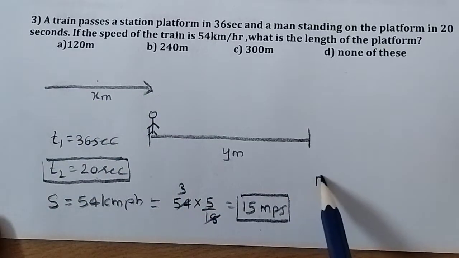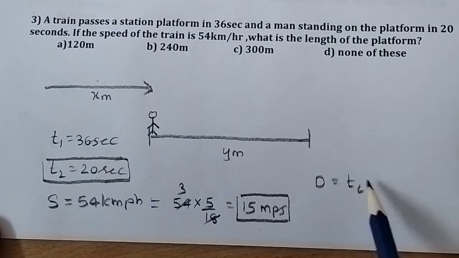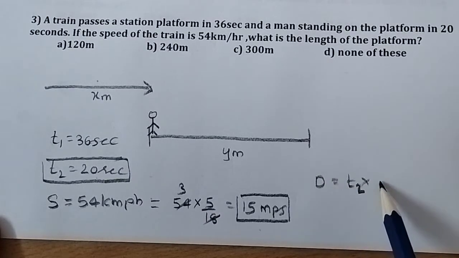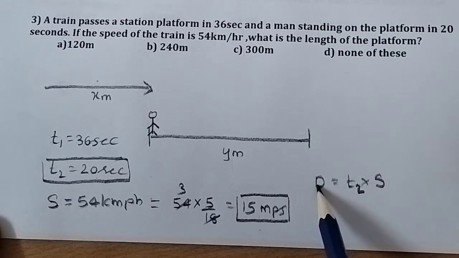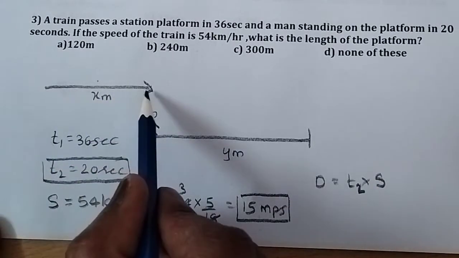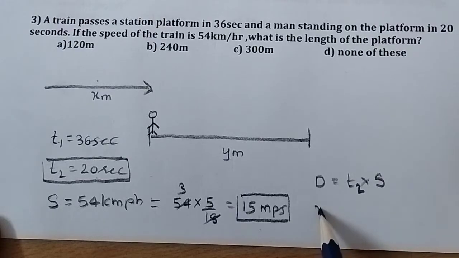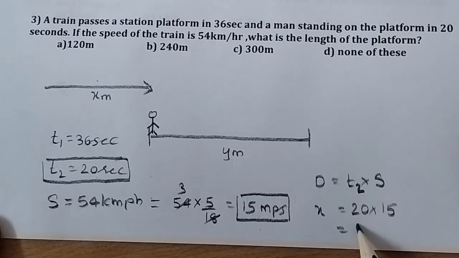We know that distance equals time into speed. Here I'm taking t2 as the time, and the distance is simply the length of the train. Now x equals t2, that is 20, times the speed of the train, 15. So the length of the train is 300 meters.